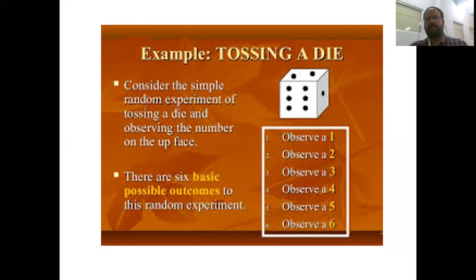For example, if the experiment uses a die with n faces and the number of units I am using is r, then the total number of outcomes is n to the power r.